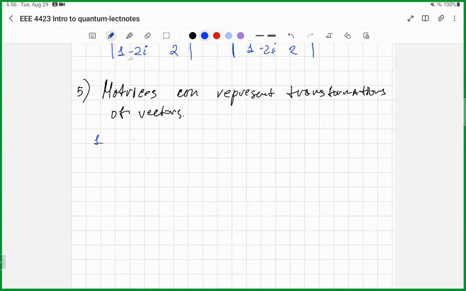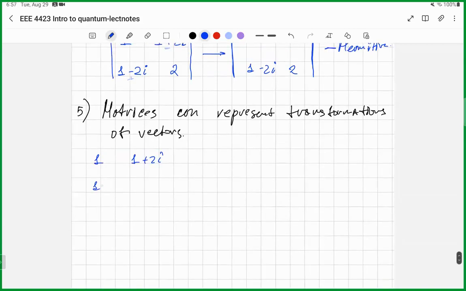So it was 1 plus 2i, 1 minus 2i, and 2, just some arbitrary matrix. When I multiply this matrix by the vector, let's take the vector 1, 0, what would I get? I need to take the product: 1 times 1 is 1, then this number times 0 is 0, so plus 0.